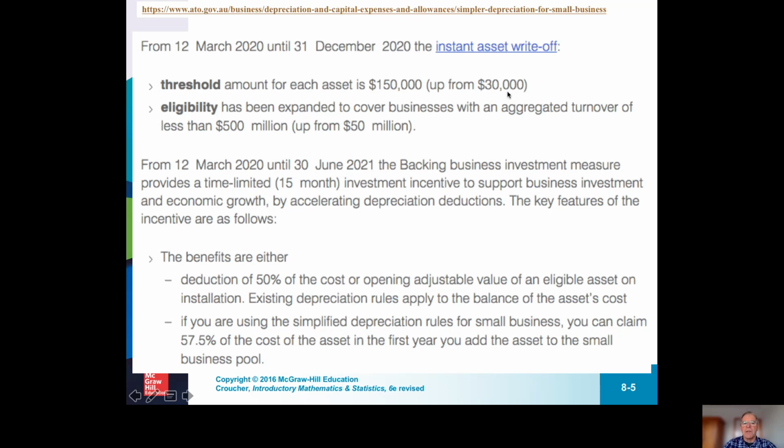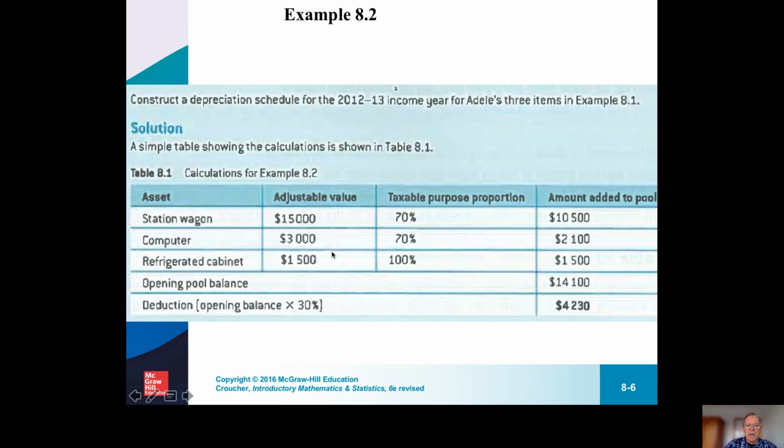It used to be 30,000, and also the turnover to qualify as a small business. Turnover means total sales. If your sales are less than 500 million, you fit into the category, and you can apply these depreciation rules. It's up from $50 million. So tax rules in a whole lot of areas are changing all the time, and you've just got to keep up to date with the latest as we go.